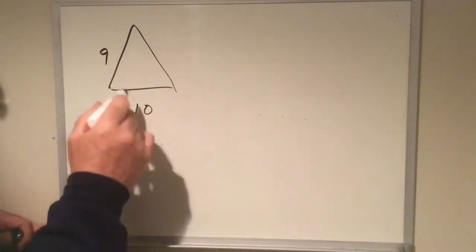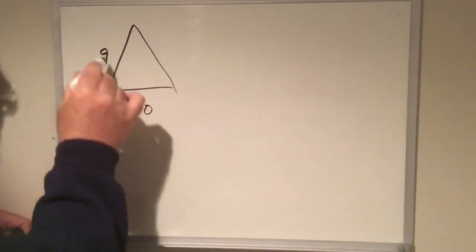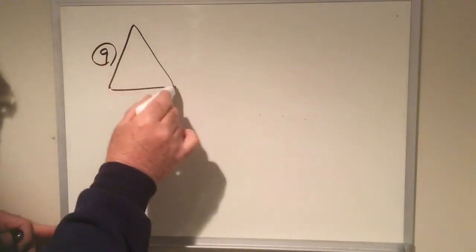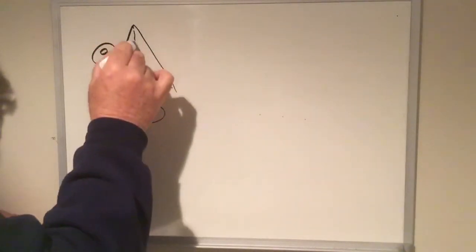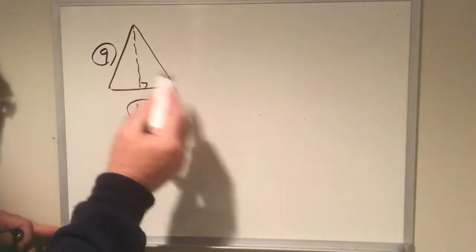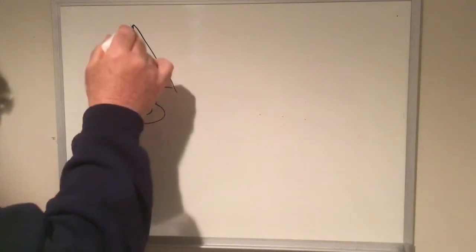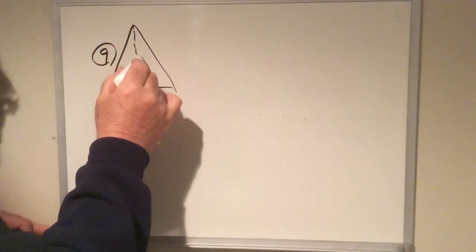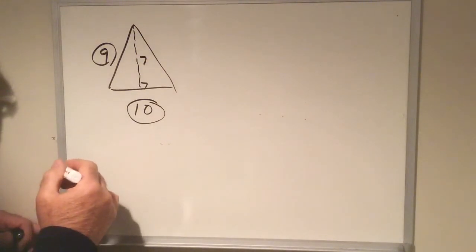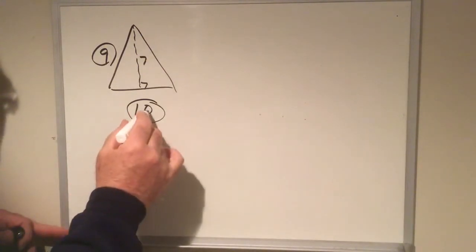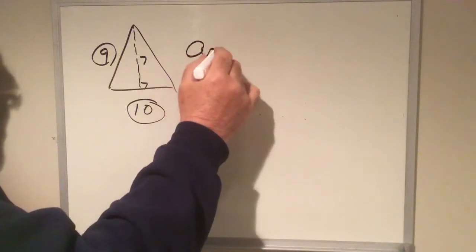We have either you're going to use this as your base, and this would be your height, or you're going to use this as your base, and this would be your height. So let's, for argument's sake, say that this distance from there to there is 7. That distance there is 7. Okay. So what's the area of this triangle?